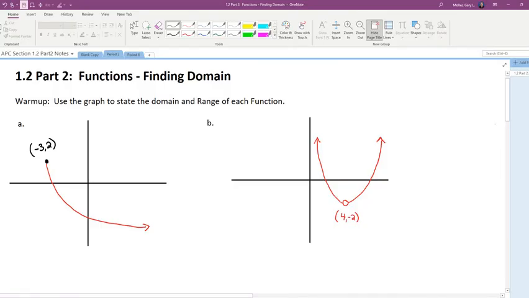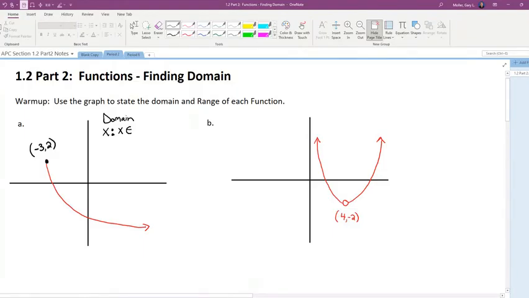So we're going to say the domain are all of the x's such that the x in question is an element of what set of numbers?